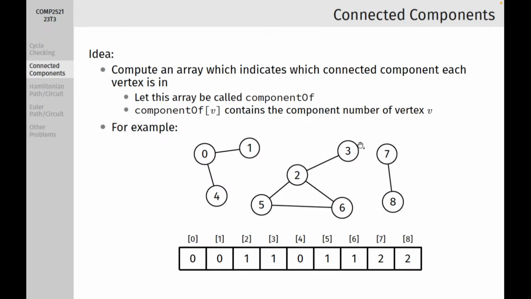Meanwhile, 2, 3, 5, and 6 are in a separate connected component, which means they should have a different component number. We see that index 2, 3, 5, and 6 all have a component number of 1. Then 7 and 8 have another component number, which is 2, because they're in a separate connected component to the other vertices. So what we want to do is to compute this array.